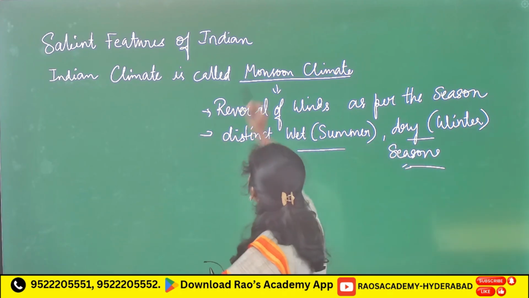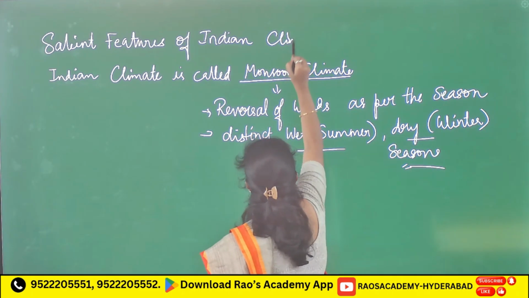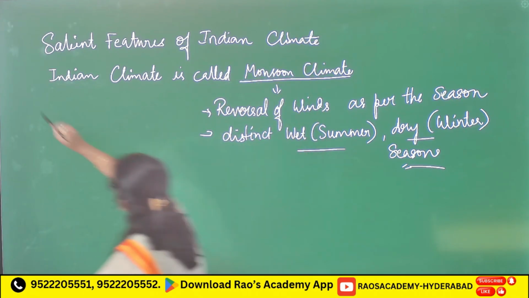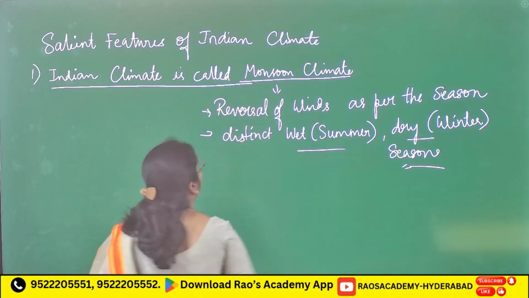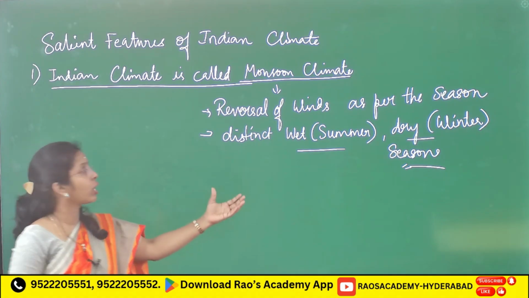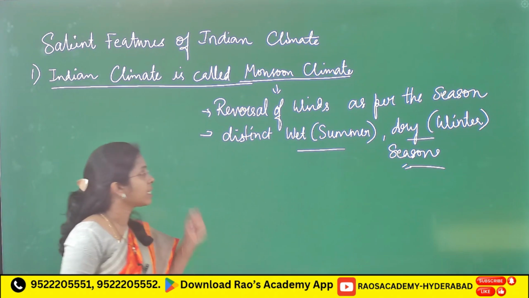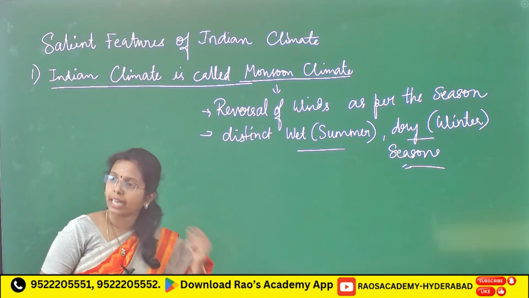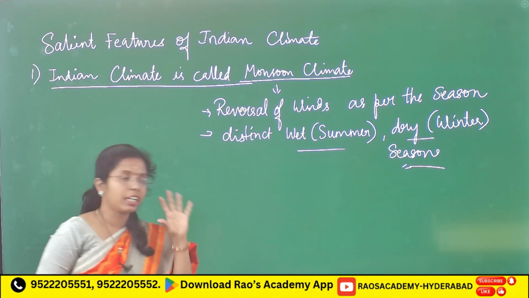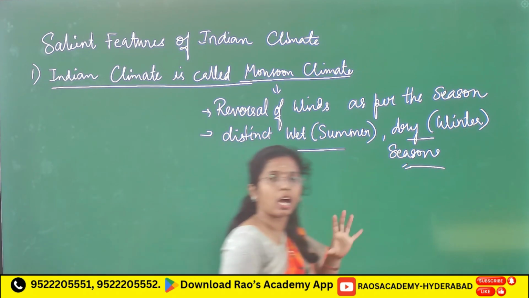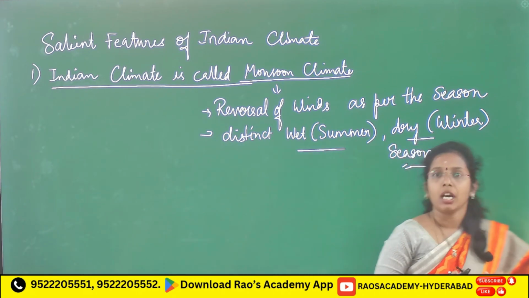First thing, Indian climate is monsoon climate. Under monsoon climate we see reversal of winds as per the seasons and distinct wet and dry seasons. Means a clear difference we are going to see under monsoon climate. Clear?